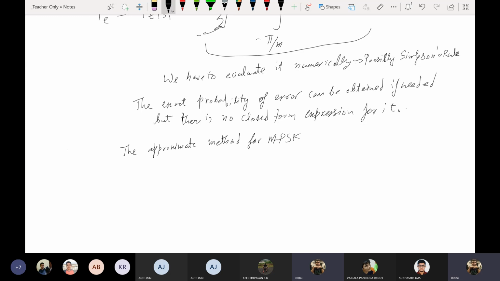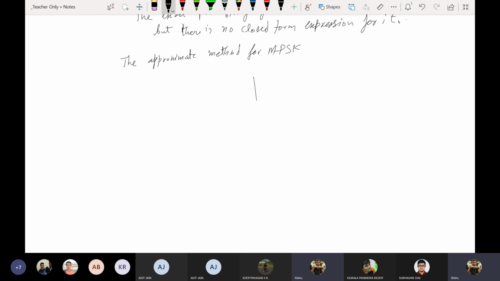So what we did was the exact way, then the approximation, and then the union bound. Again I draw the MPSK constellation, this time drawing these points slightly further apart.